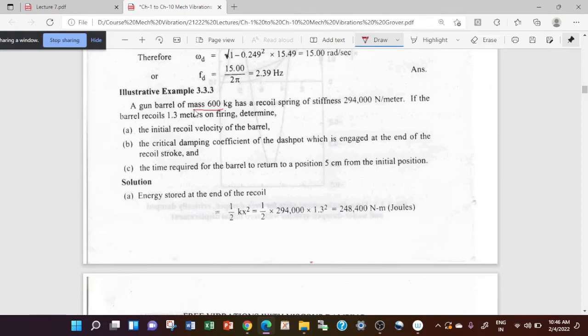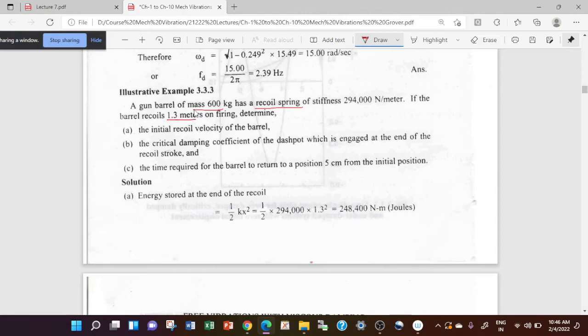It has a recoil spring of 2,94,000 Newton per meter stiffness, and the recoil is 1.3 meter on firing. You can also have the same type in your handheld guns. Generally, you compress the spring by 1.3 meter, and in that way the spring has some energy stored in itself.